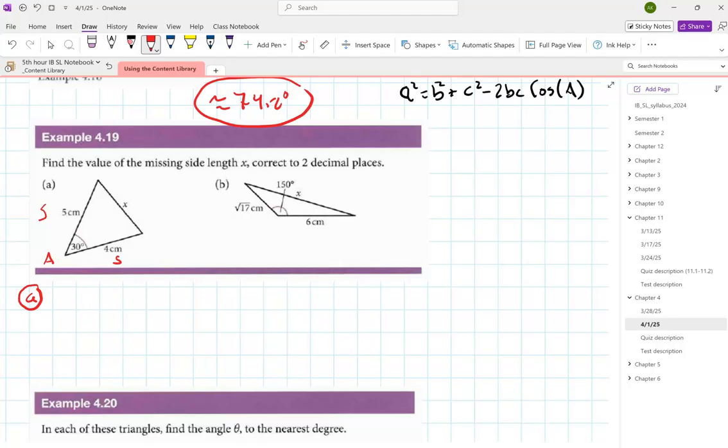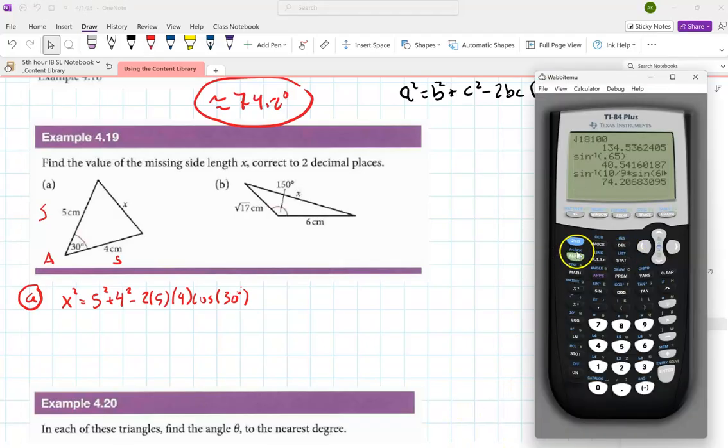So if I plug this into law of cosines, I'm going to have x squared equals 5 squared plus 4 squared minus 2 times 5 times 4 times cosine 30 degrees. So that just is all going to go into my calculator.